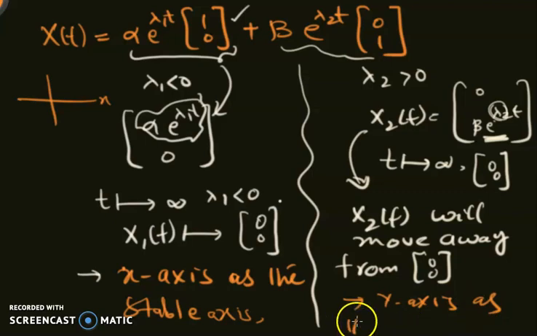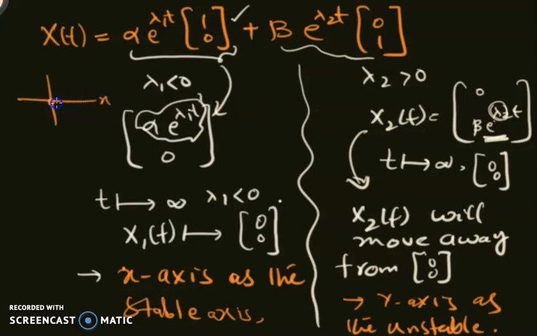So people call this y-axis the unstable axis. For this example, the y-axis is the unstable axis, or you can call it an unstable line, or an unstable manifold. Why? Because along the y-axis your trajectories will be moving away from 0, 0.